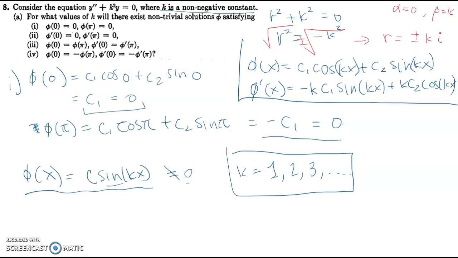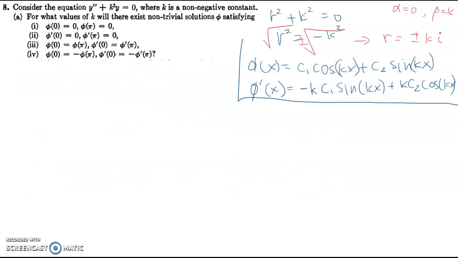All right, let's go on to part B, or part 2. Okay, so this one, let's plug in 0 to our differentiated equation. So negative k C1 sine of 0 plus k C2 cosine of 0.